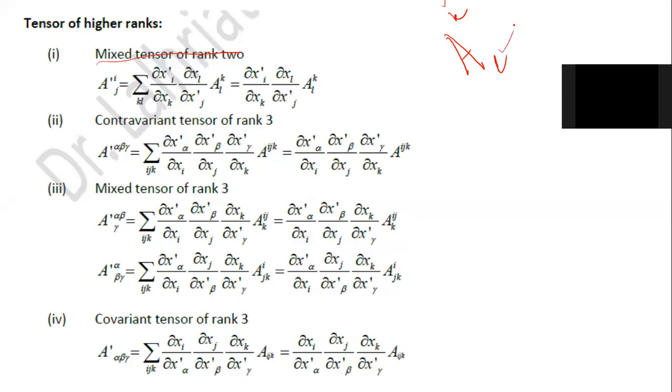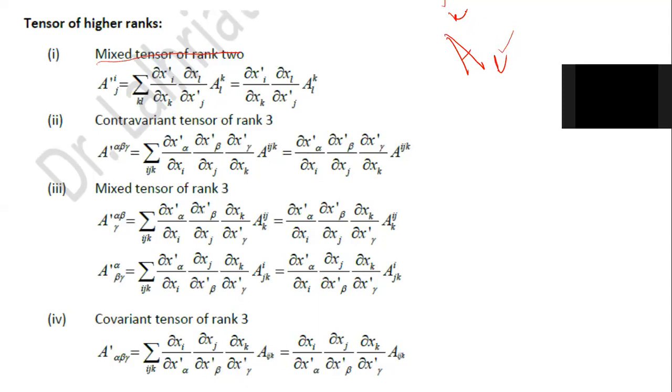So if the component of a certain physical quantity is represented using one covariant and one contravariant index together, this is called a mixed tensor. If there are two indices here, that means this is a mixed tensor of second rank, a tensor of rank 2.